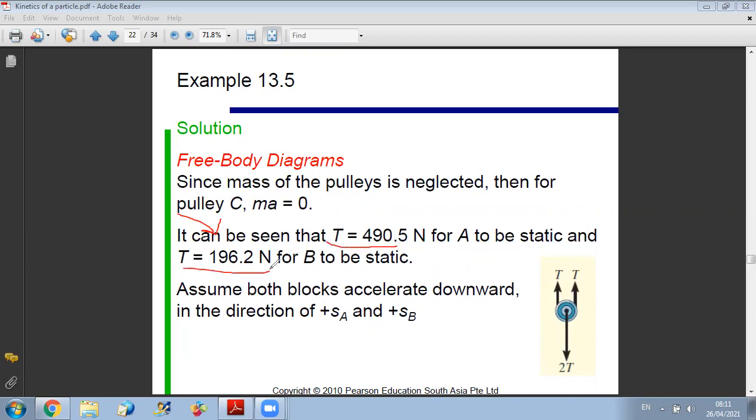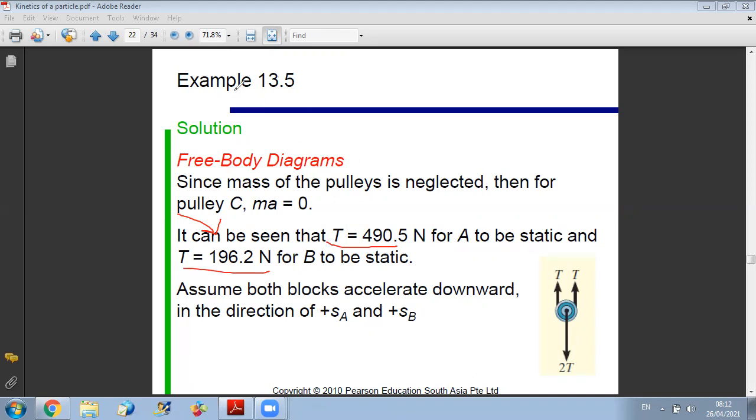But of course, because the system is not static, we will not have T1 equals WA and T2 equals WB. Okay? And in this case, how can we know which one will be higher? It depends on the block which will, if you want, govern motion, the one whose weight is much larger.